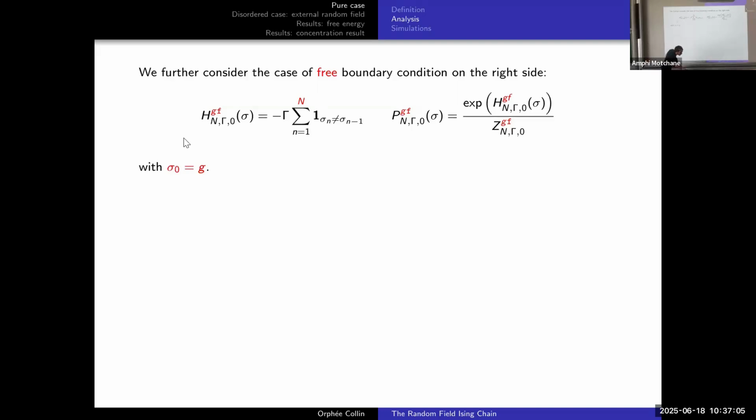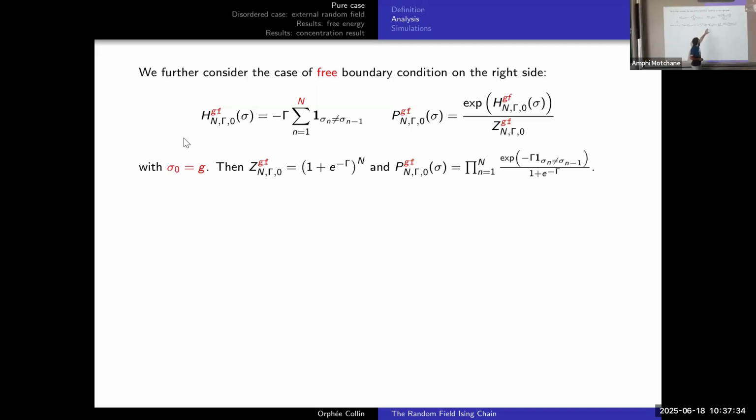Why did I do this? It's because in this case, we can make the measure completely explicit. The partition function is just this, because for each site, you can choose whether you change spin or not, and since there's no conditioning on the right side, you can have all possibilities.